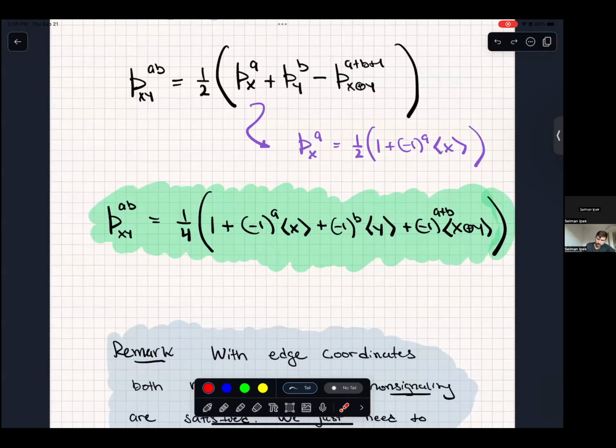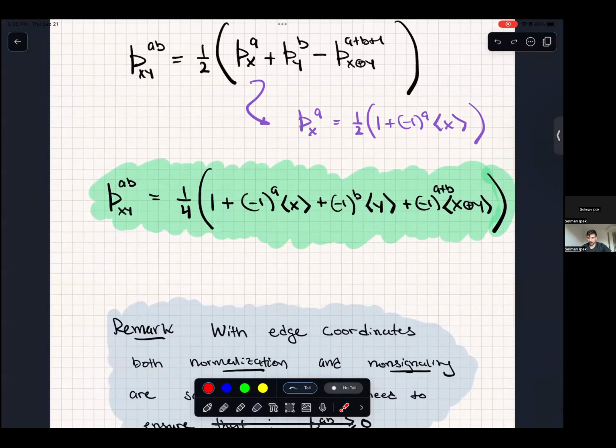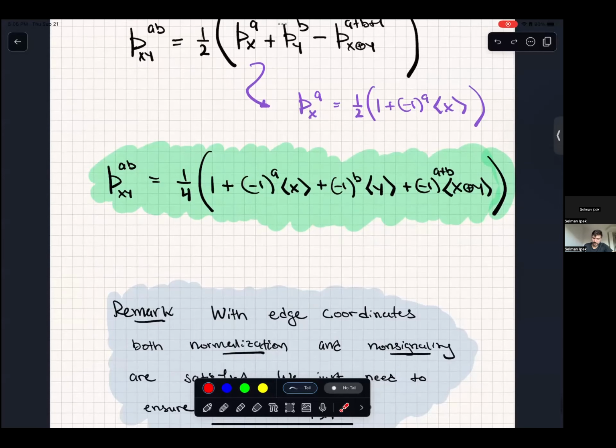You will get Pxy of AB: you take the expectation of Alice, multiply it by the possible outcome, (-1)^A, the expectation of Bob, (-1)^B, the expectation of Charlie, (-1)^(a+b), which is just the outcomes that they're supposed to get. So this is a more straightforward thing to look at, and the 1 doesn't change signs from +1 to -1 and so forth. This is a nice formula that we're going to use in our later applications.